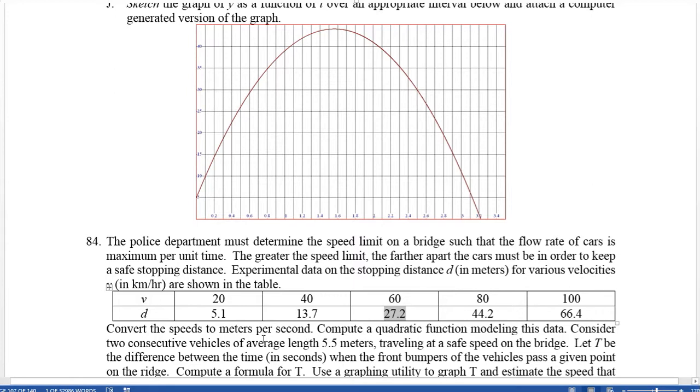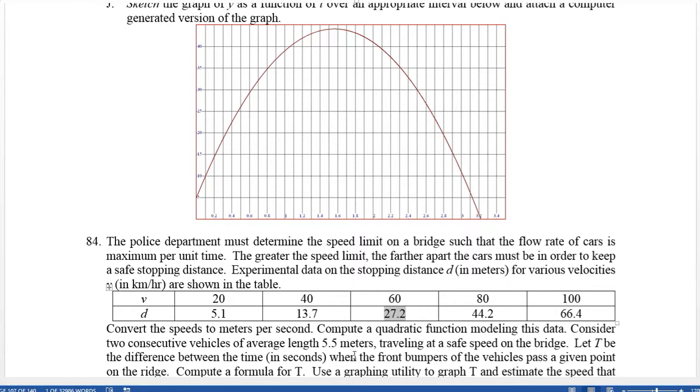We're going to convert speeds to meters per second, and then get a quadratic function modeling the data. And we're going to assume that two consecutive vehicles are averaging 5.5 meters in length, and they're traveling safely over the bridge.